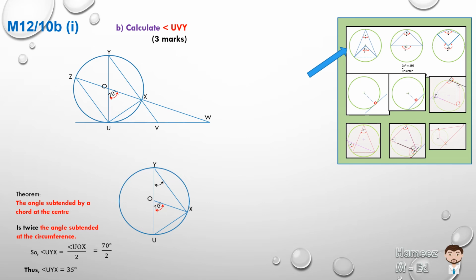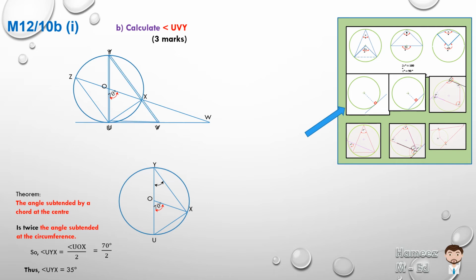So let's recognize that if we look at the big triangle UVY, then UV, that line, is a tangent to the circle. And the line UY passes through the center. So we have a rule for that. If we look at the diagrams on the right hand side, the fourth one shows us that the angle between the radius or the diameter and a tangent is 90 degrees.